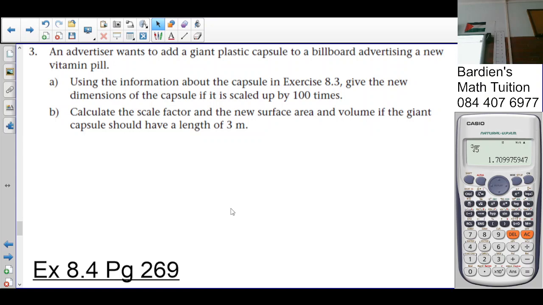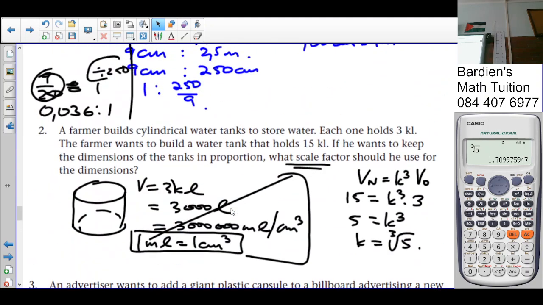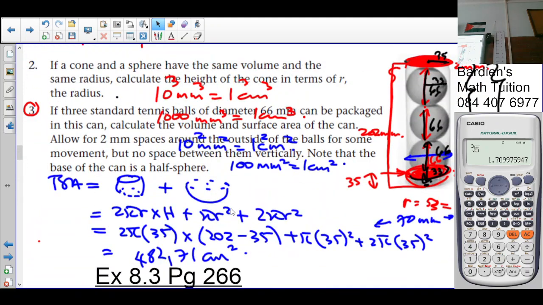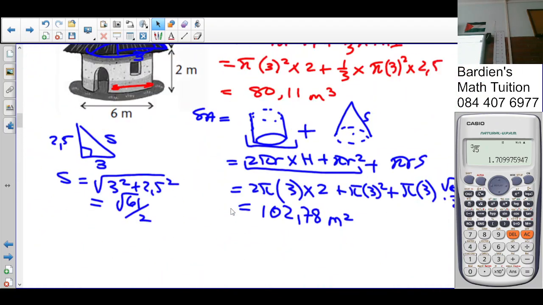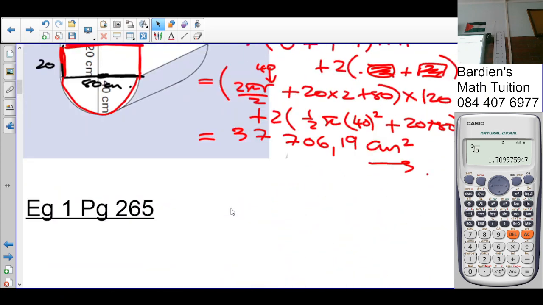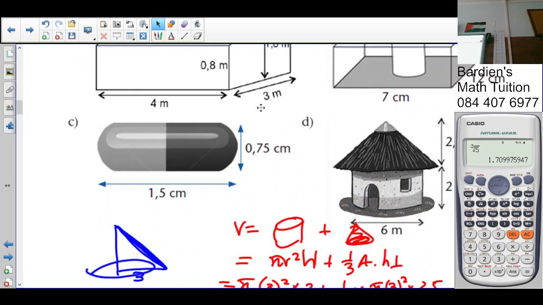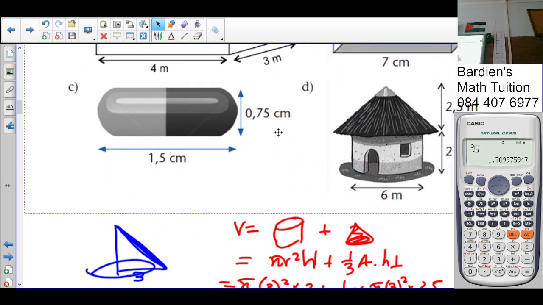So if you're looking at 8.3, I hope I didn't delete it, because I know I deleted a page here. There we go. That is the capsule that they're referring to. Okay, so let's just cut that out.